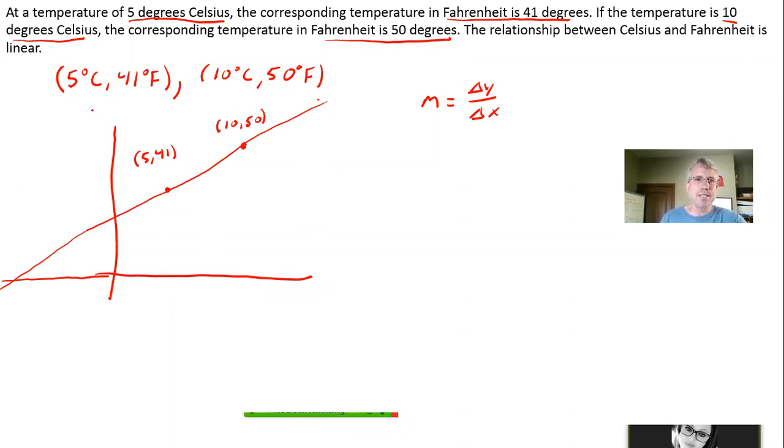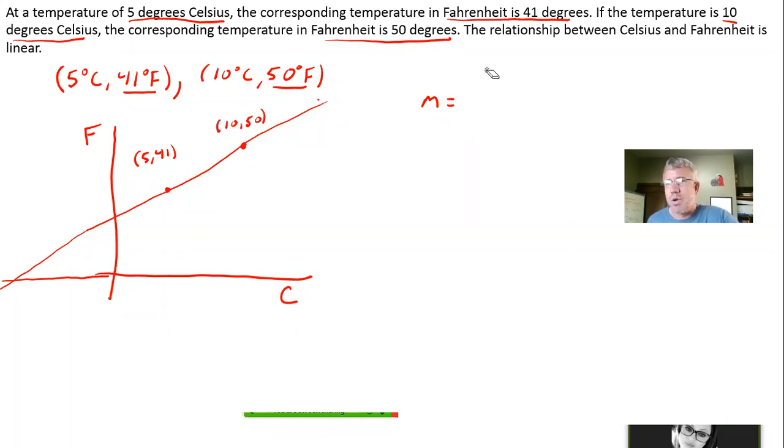The vertical axis is a Fahrenheit axis, because I put Fahrenheit in the output position. The horizontal axis is a Celsius axis, because I plotted Celsius as the input variable. Does that make sense? Yes. There is no x and y. This isn't a generic problem. This is a modeling problem.